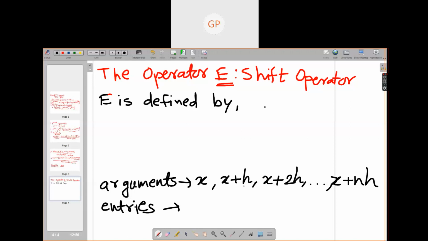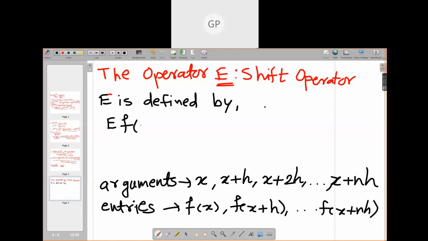So what do you observe? They are equally spaced, right? Okay. So what are we doing here?